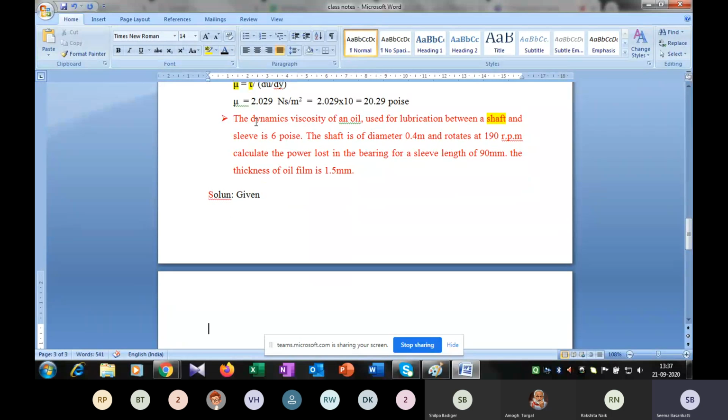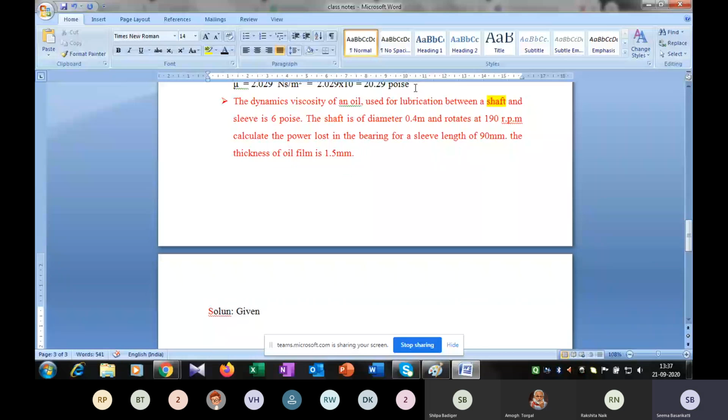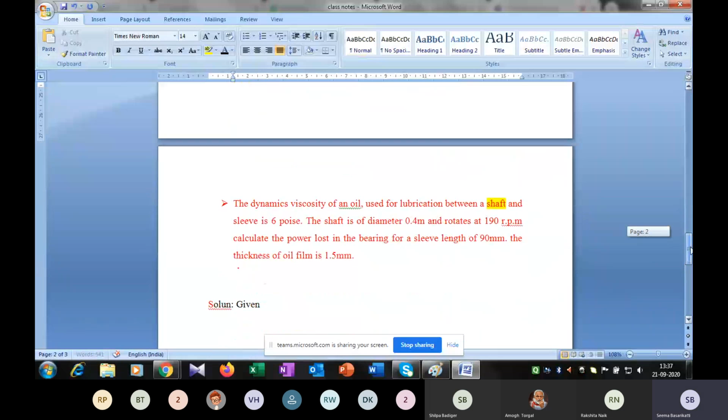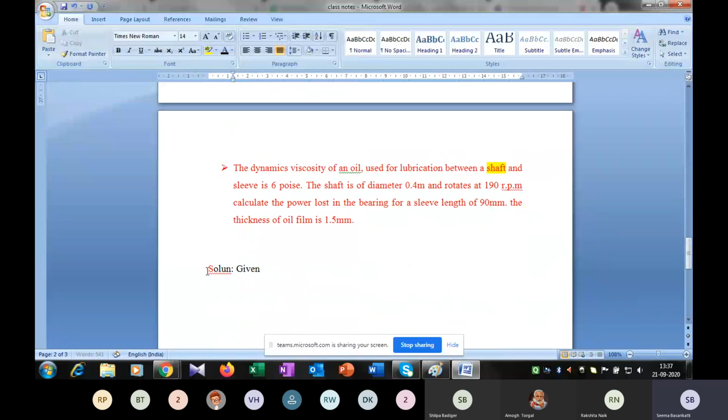What is given here? The dynamic viscosity of an oil used for lubricating between a shaft and a sleeve is 6 poise. Dynamic viscosity is indicated with which symbol? Mu, ma'am. So what is the value of mu they have given?